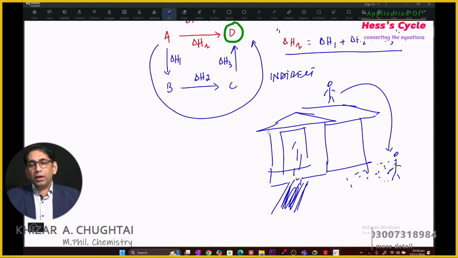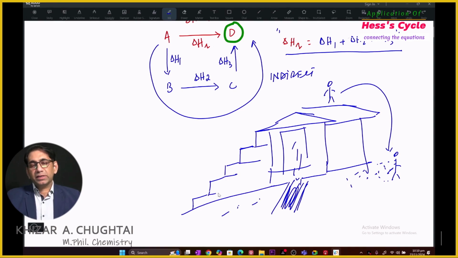There are different steps for this boy to come down, and the second, direct option is to come directly to the ground.